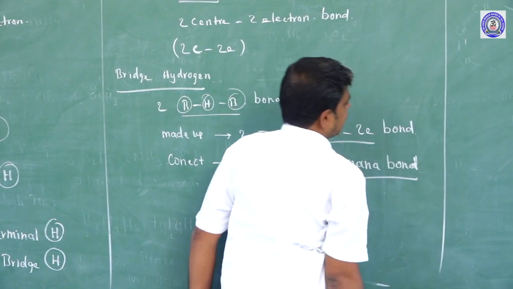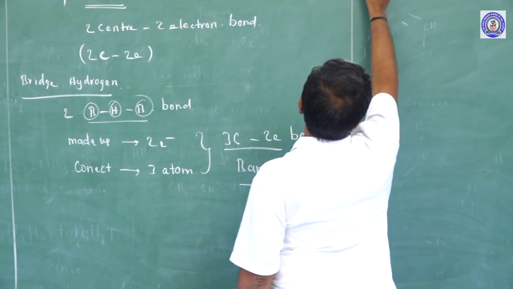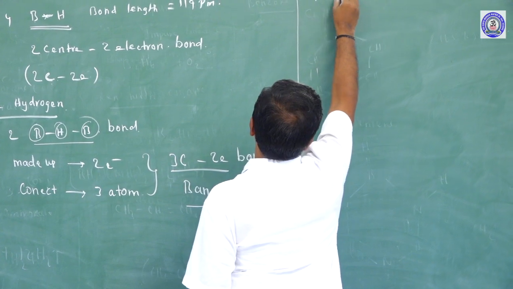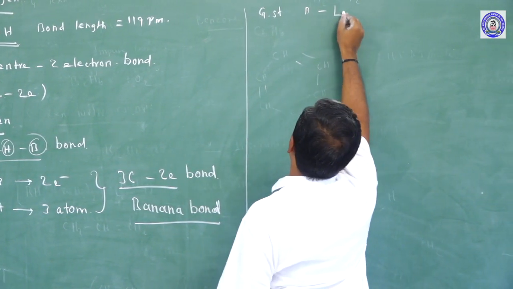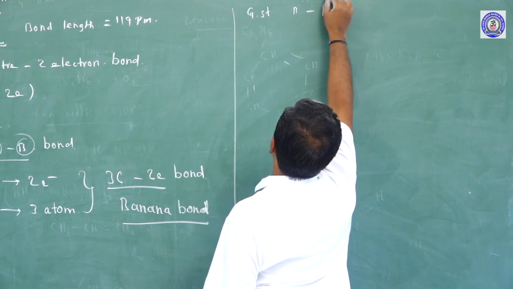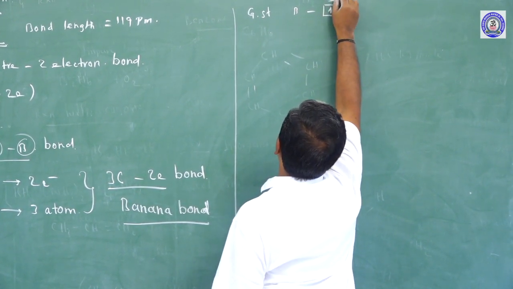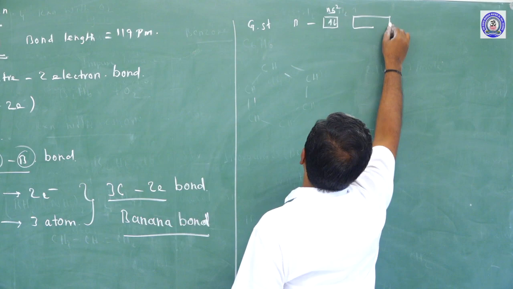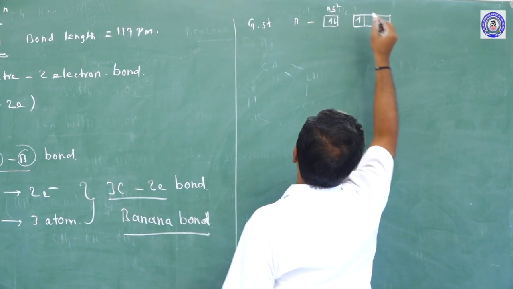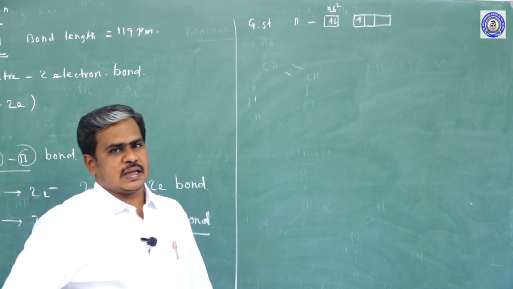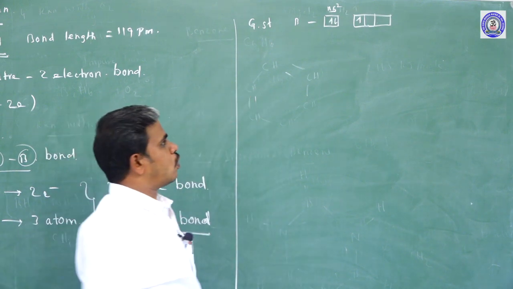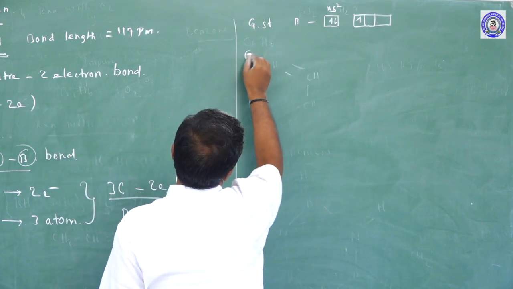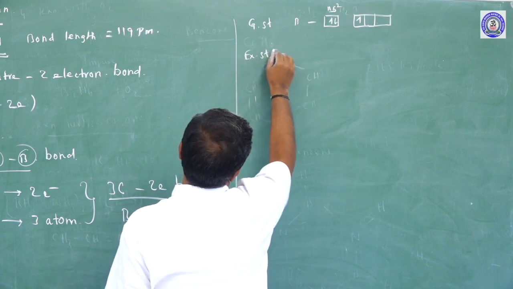Listen, if you take boron in the ground state, it has the electronic configuration ns2 np1. This is the normal ground state electronic configuration of boron, and now it goes to the excited state.